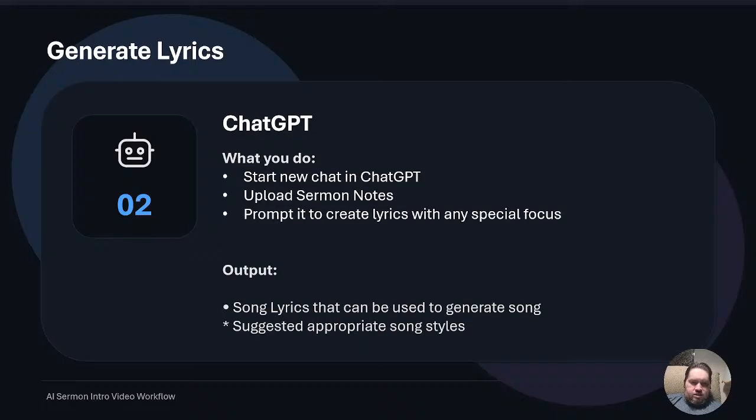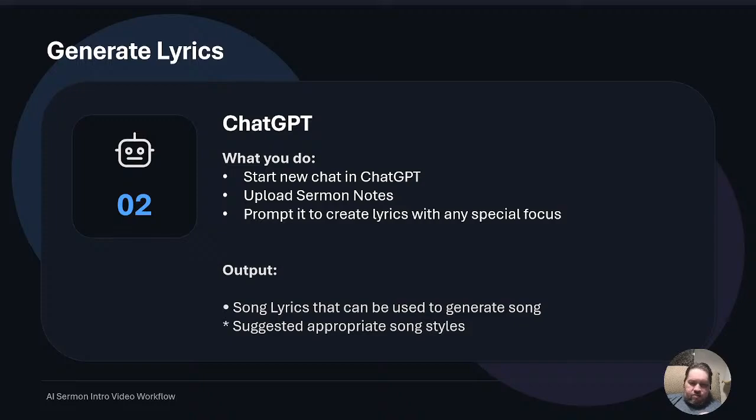And then the next step would be to generate the lyrics. You take that document and put it into ChatGPT, upload the sermon notes, and prompt it to create lyrics with the special focus.